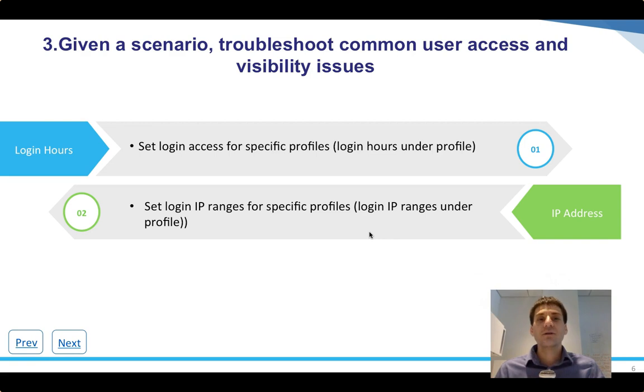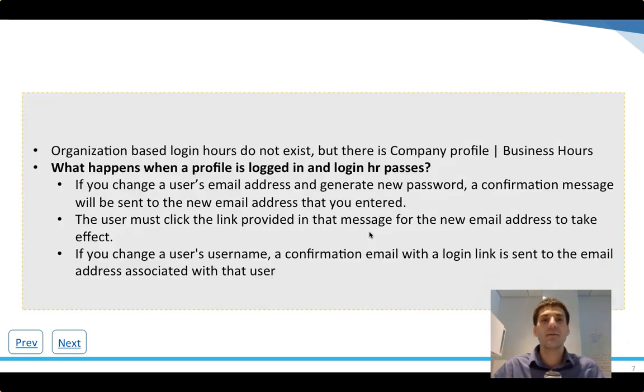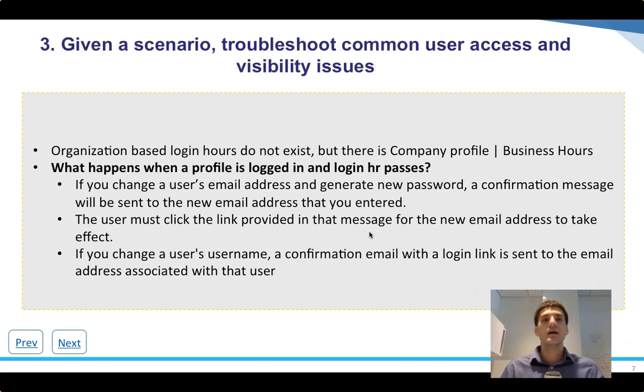So it's important to think about login access for specific profiles and how long they can access that information for. I'll talk a little bit about that in the next slide. The second thing is to make sure that the login IP ranges for specific profiles are activated. Very, very important.